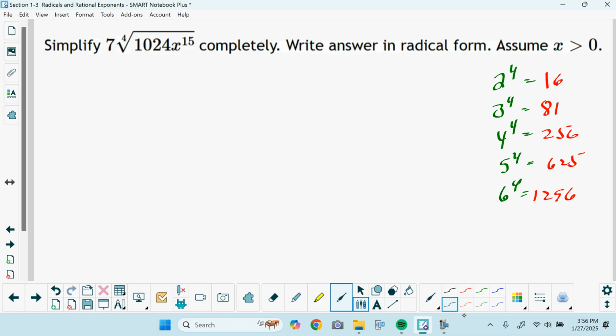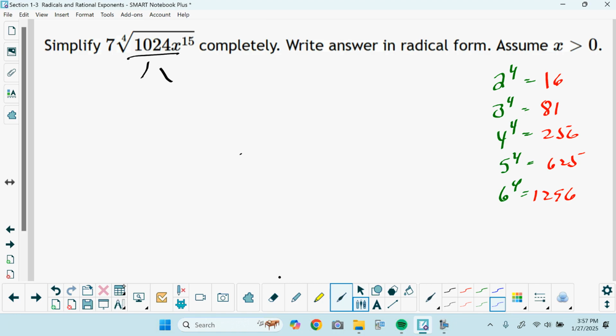All right, so we've got to have one of these perfect fourth powers be a factor of 1024. So you should see that 1024 happens to be the number that we're looking to see things go into.